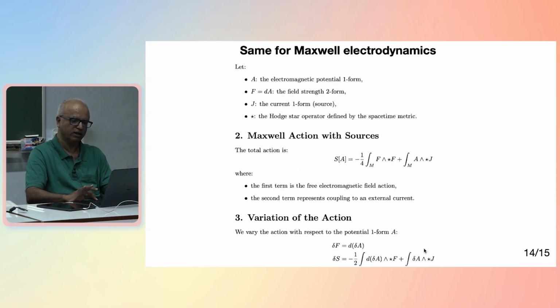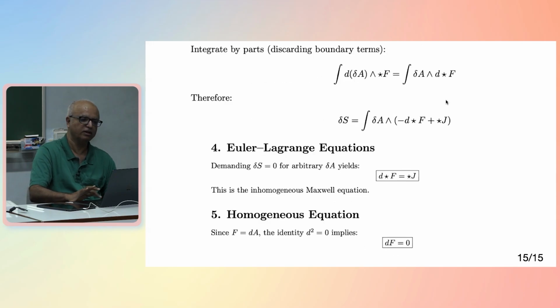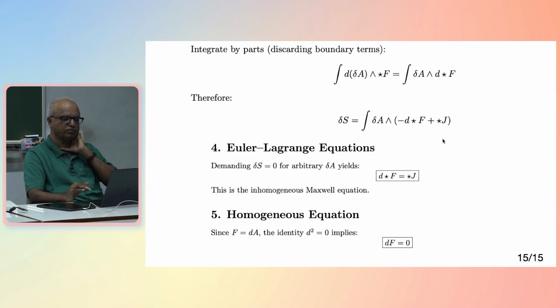The matter part is delta A wedge star j. Basically, I want to remove the d from the first term. I want to have it proportional to delta A. So, I do integration by parts, there will be boundary terms, and this d will come and sit on star f. That is what is happening here, right. The d has come and sat on star f. So, this is my total variation.